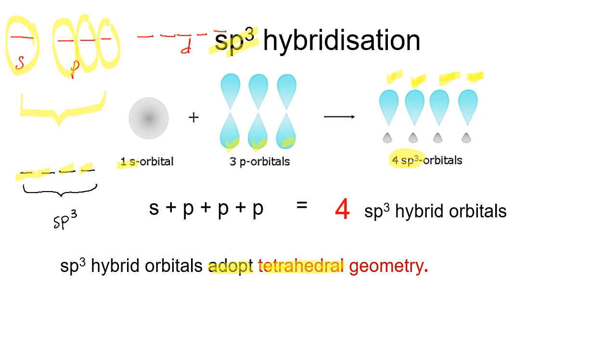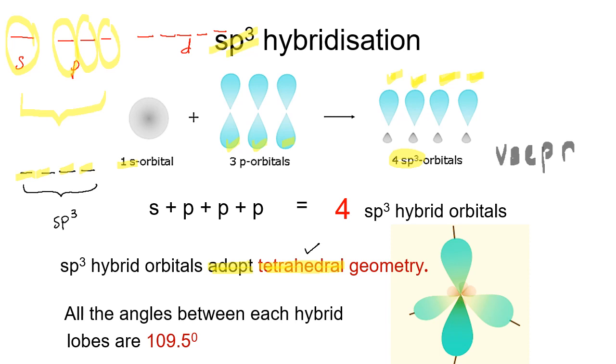The electrons will arrange themselves according to VSEPR theory. Therefore, you will have the orientation of the electron as tetrahedral geometry, and the bond angle will be 109.5 degree at each bond.